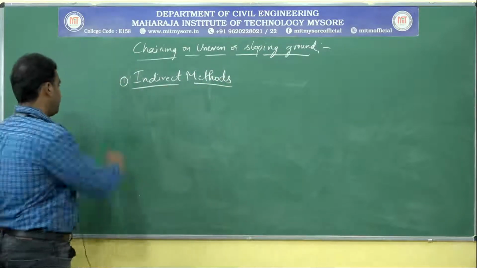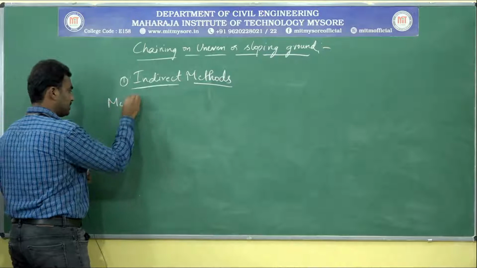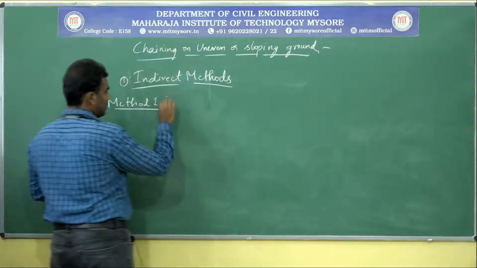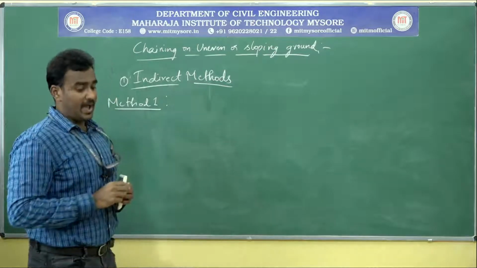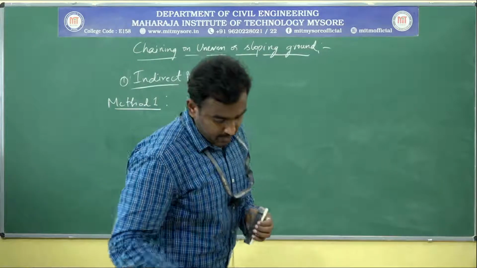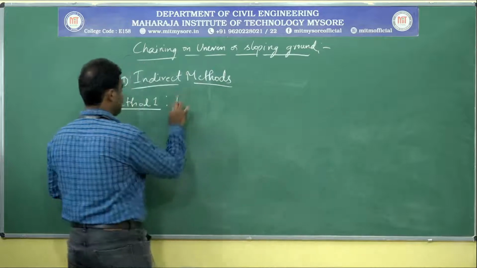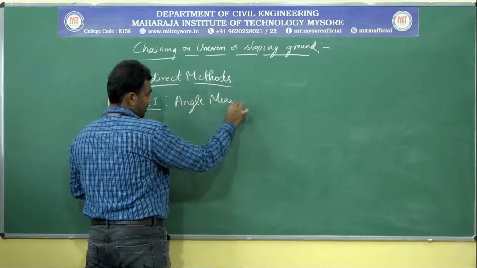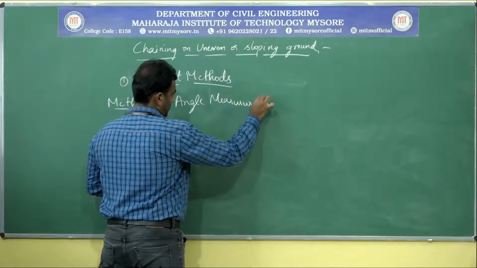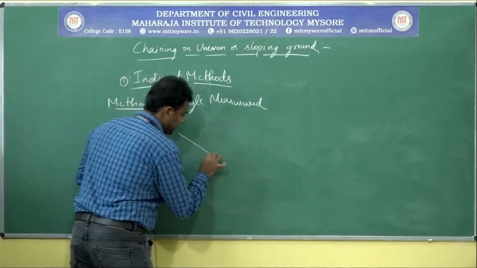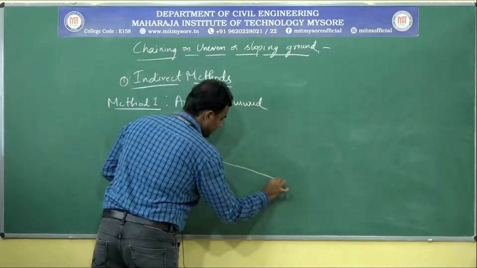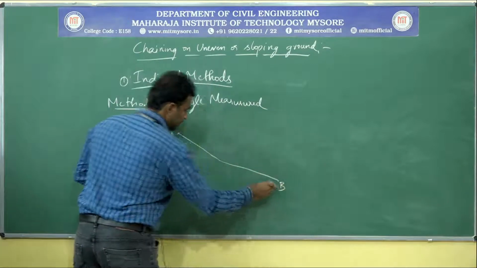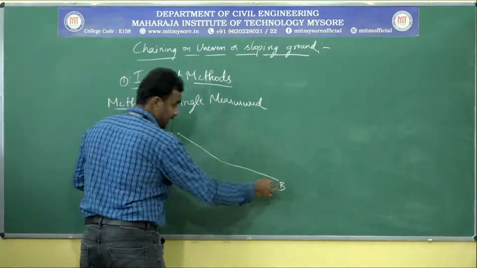In the indirect method, method 1 is like this. In this, if we have the angle measured, and this is the sloping ground, I need the horizontal distance between A and B.